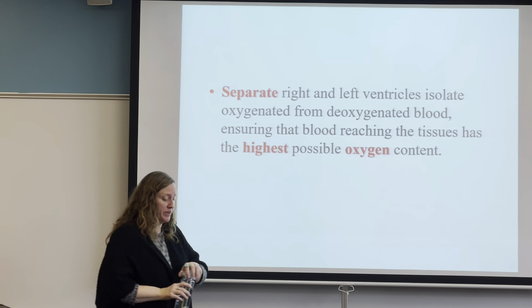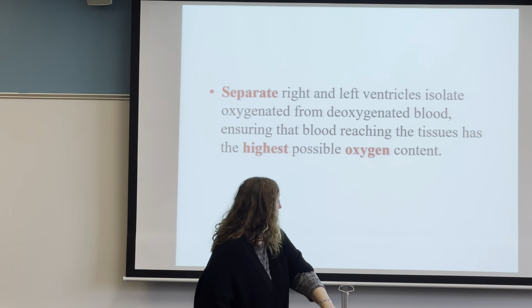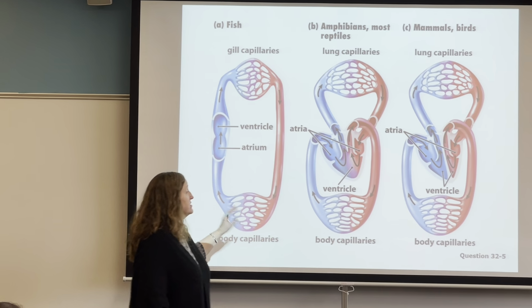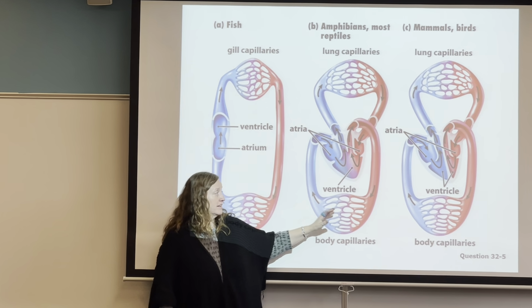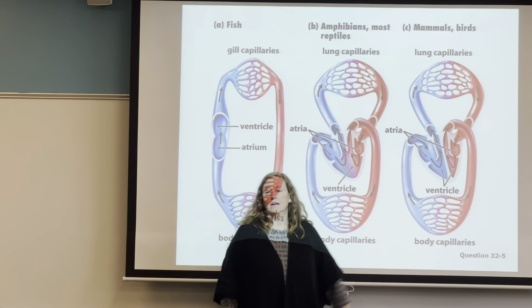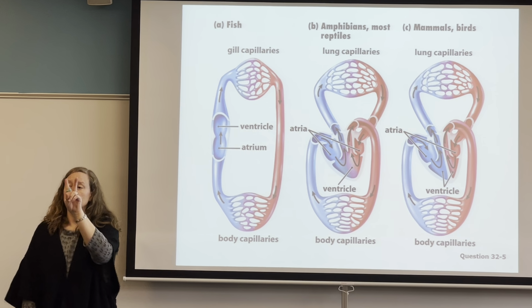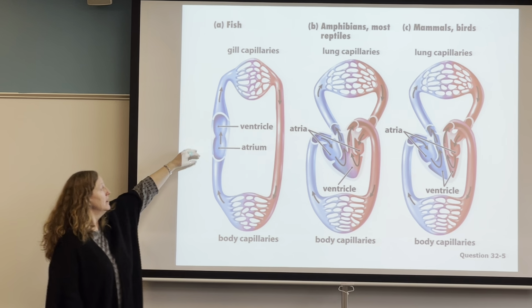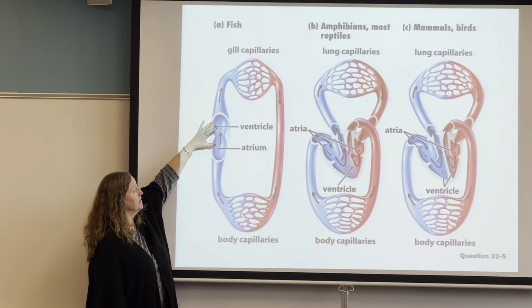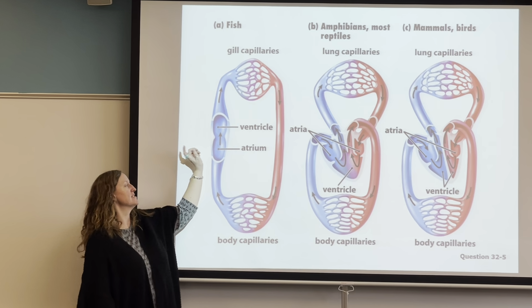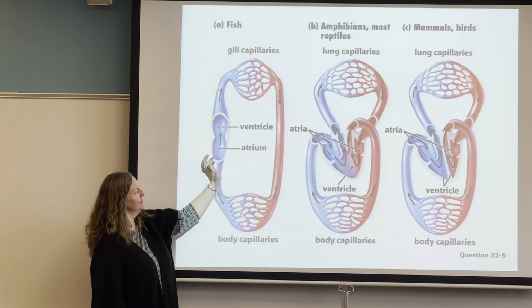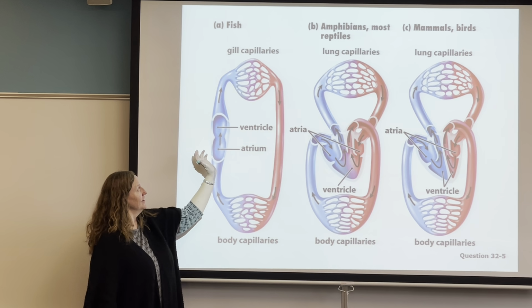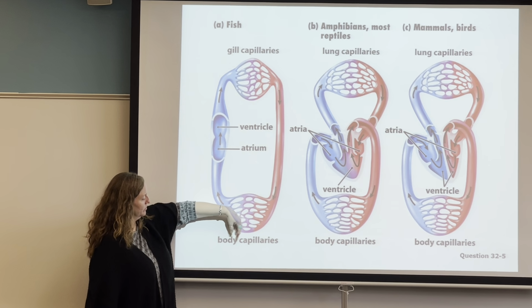Yeah, as you go with each kind of heart, the efficiency gets better and better. And there are two take-home things here: the number of atria and ventricles. Look at this, the fish is flipped upside down because the head would be down here.